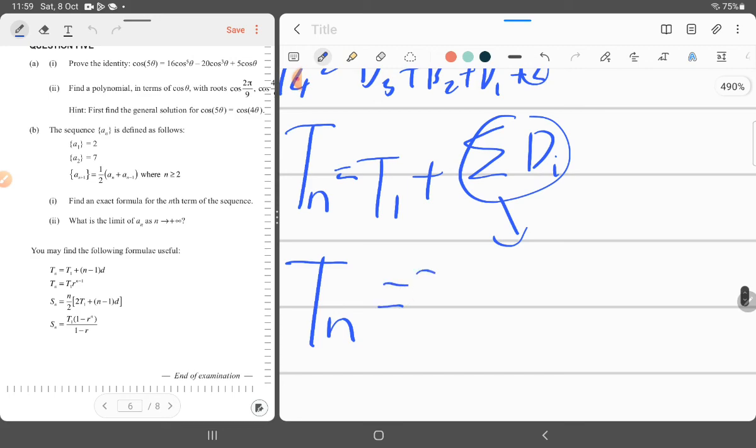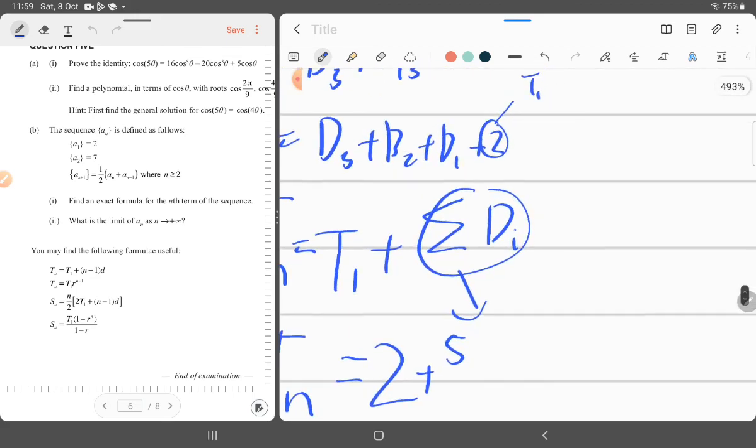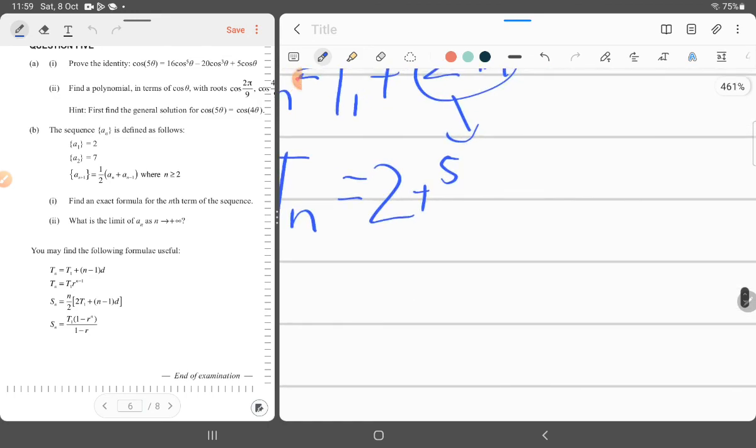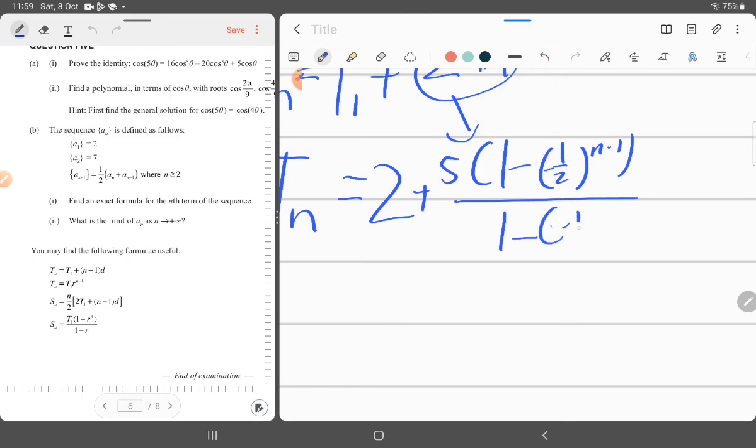So t n is equal to 2 plus, the first term in the difference is 5, so it's 5 brackets 1 take away r, which is the ratio, negative half to the power of n take away 1, all over 1 take away r, 1 take away negative half.